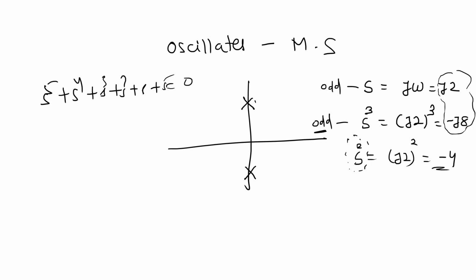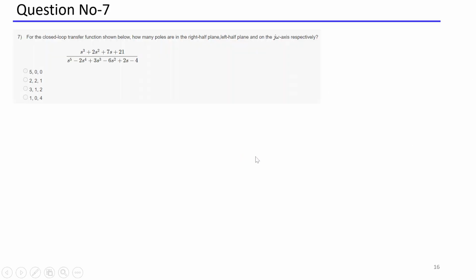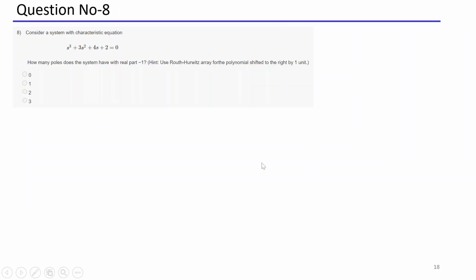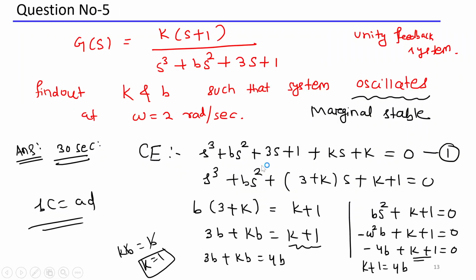So you have to make the even terms 0, right? So I did the same thing. I make the even terms 0: Bs squared plus k plus 1 equal to 0. To solve it is simple.